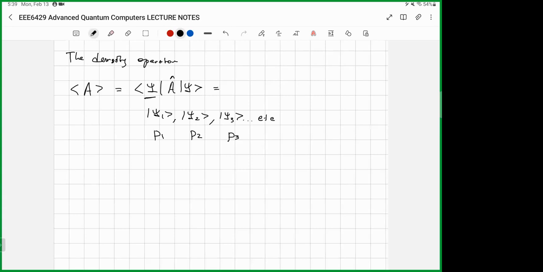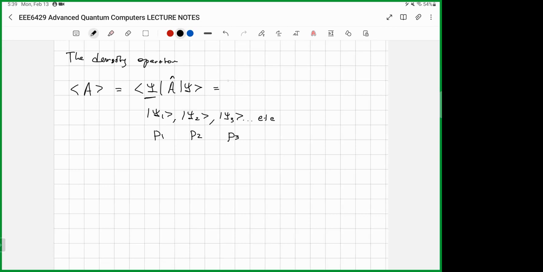That's why we need to start from the expectation value and do some mathematical operations that keep the expectation value unchanged.